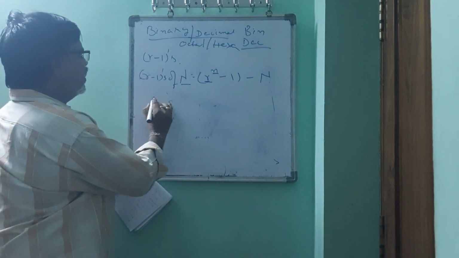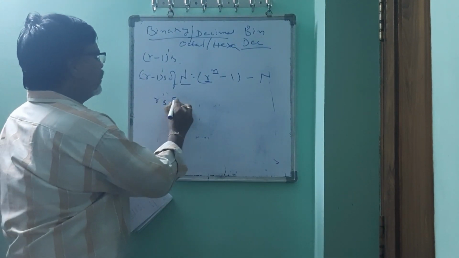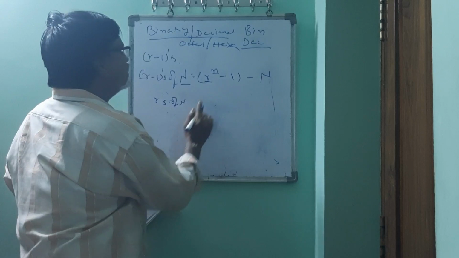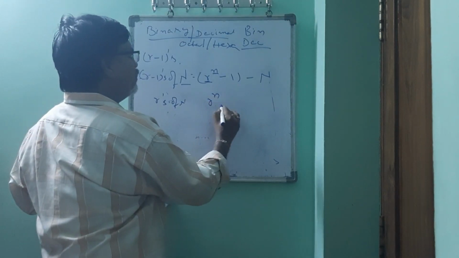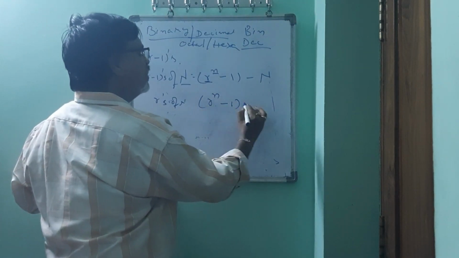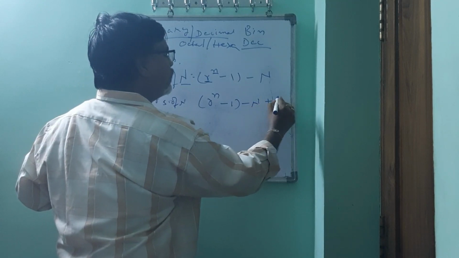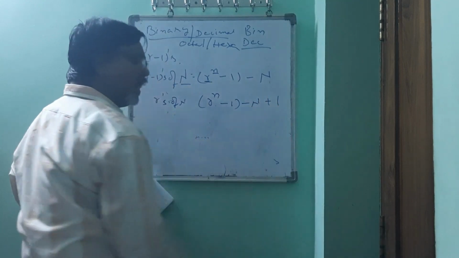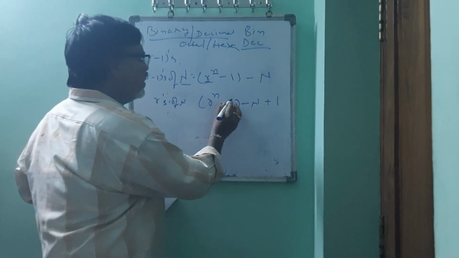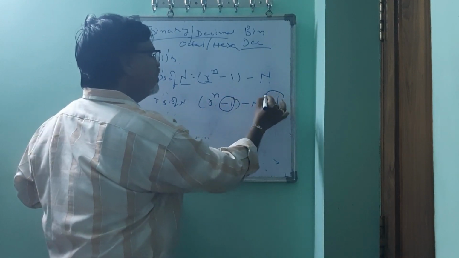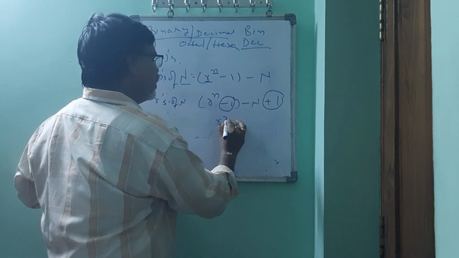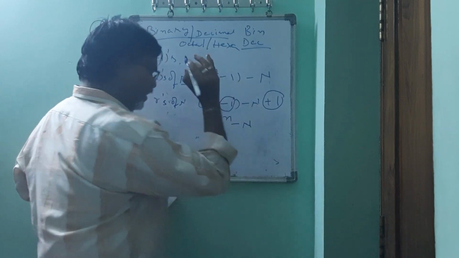In the same way, if you want to find the r's complement of N, the formula is r power n minus 1 minus N plus 1. So you are going to add 1. This minus 1 and this plus 1 get cancelled, and you will get r power n minus N. Here small n stands for the number of digits in the given number, and capital N is the original number.